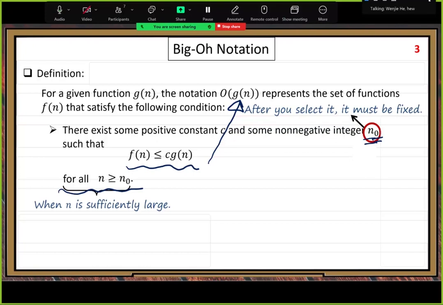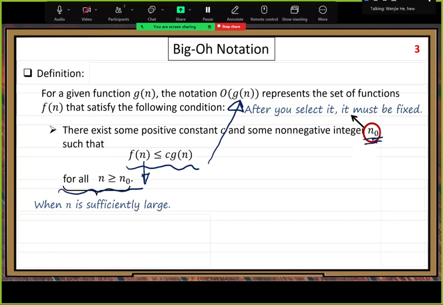But after you determine that constant, you need to fix it. When n changes, when this variable changes, you cannot change this n0. But at the beginning, you have freedom to select any number as this n0 constant. So that's the special property of this n0.